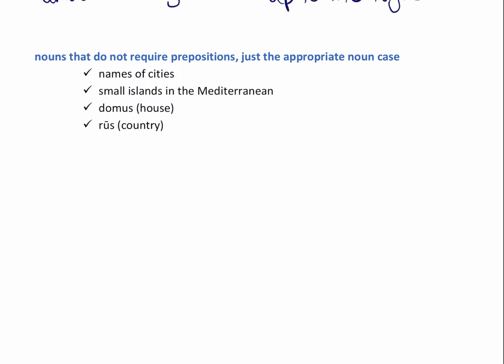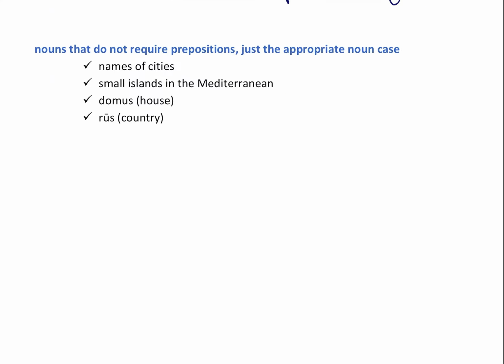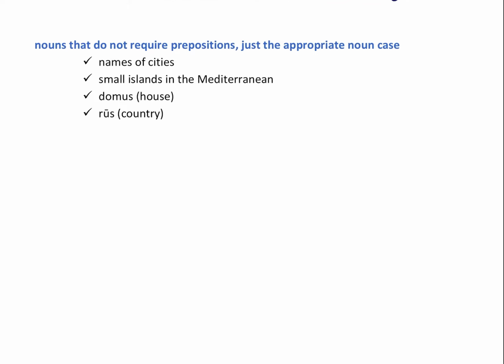Last thing, nouns that do not require prepositions. There are a few nouns. It's left over from really early Latin, or the language of the Latinum people that the Romans picked up and they developed into their own language. So there are a few nouns that don't require prepositions, just the appropriate noun case. You need to know this.